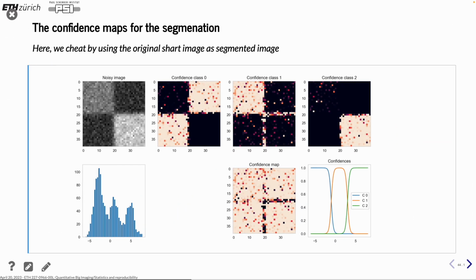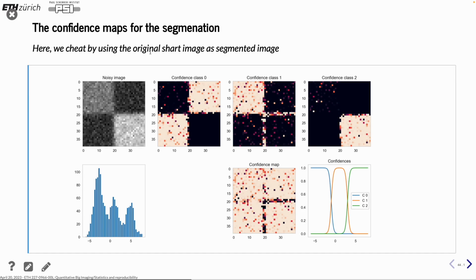And with that, I compute the confidence images for class 0, 1, and 2. And you can already see that within each real true class, you have pretty good confidence. But interesting, this one actually has good confidence along the edges.